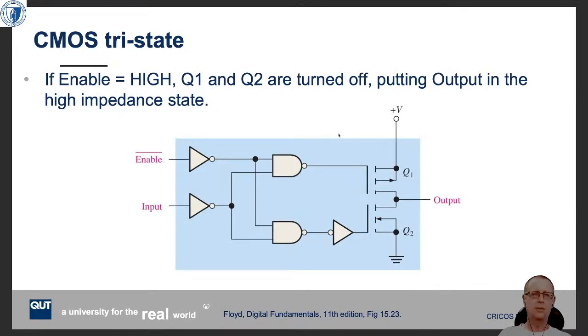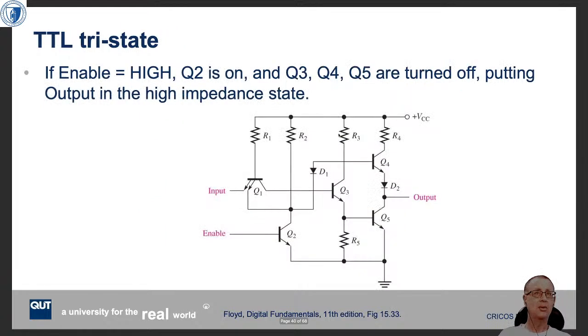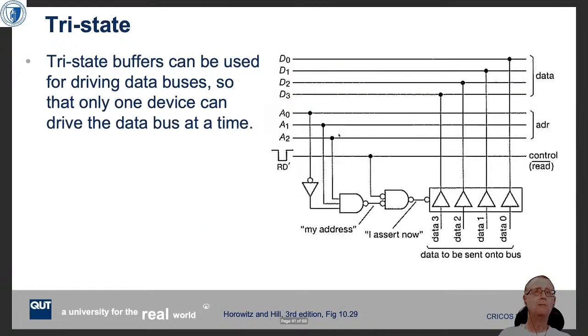And this is just how you might do an enable on a CMOS or on TTL. Right, and this is just showing that the typical example is on data buses.